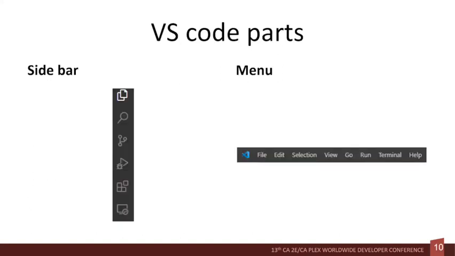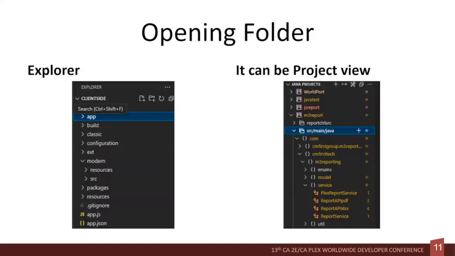Well, maybe I'll show VS Code itself. First, there's a sidebar on the left and the menu, as usual for an IDE. The concept is that, except for very deep usage, you start by opening a folder. That's the basic action.